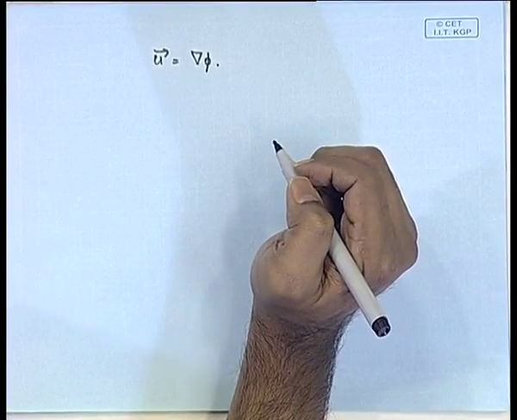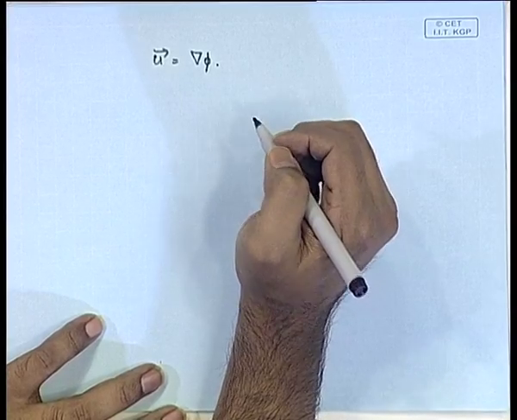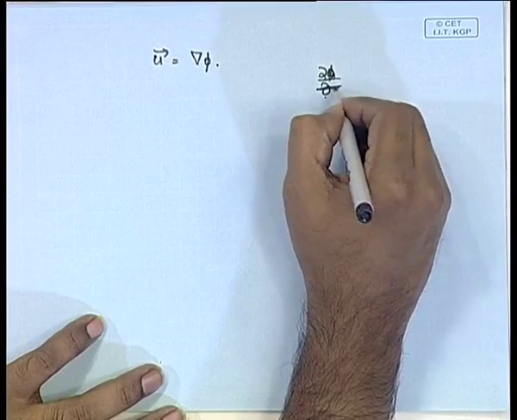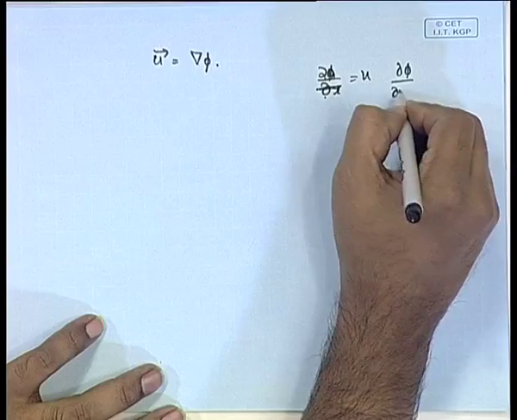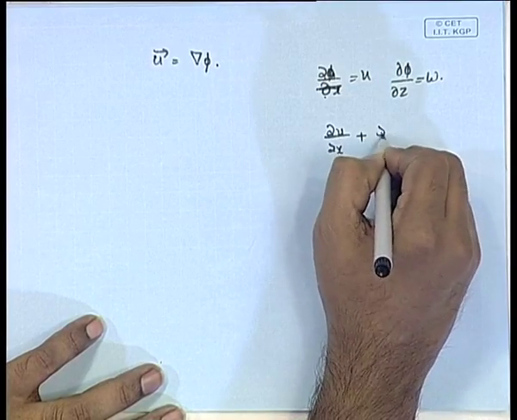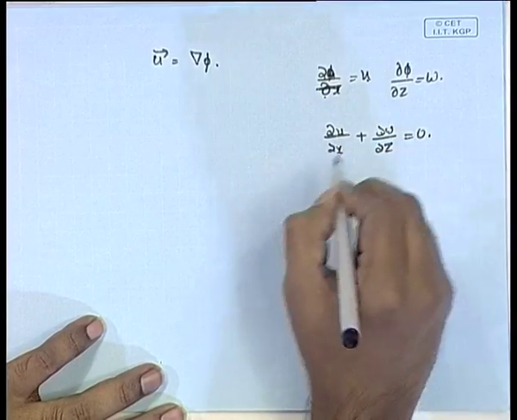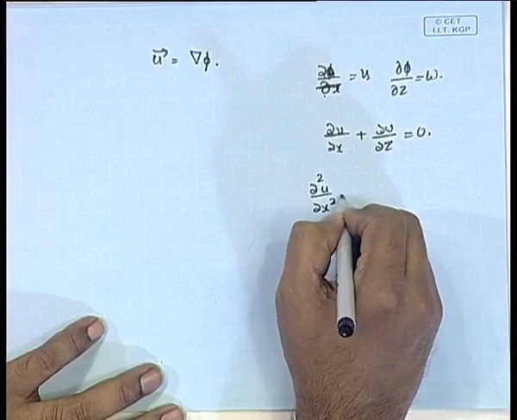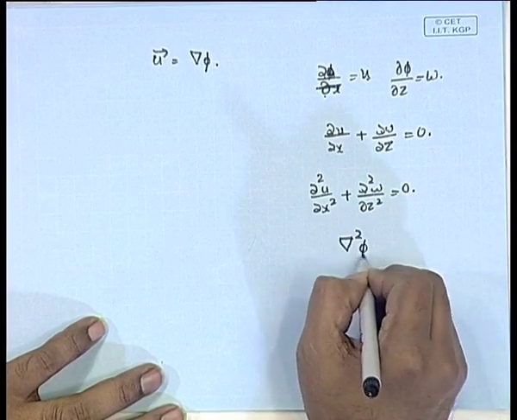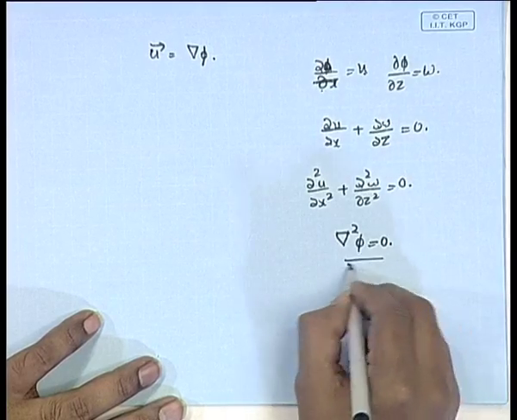When this is combined with the continuity equation, you put this value for u there, and the equation reduces, in vectorial notation of del, to del square phi equal to 0.